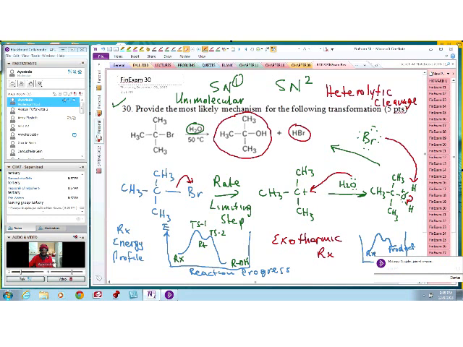Because the energy of the product is higher than the energy of the starting material, we refer to this as an endothermic reaction. So now we have given the reaction mechanism for this.